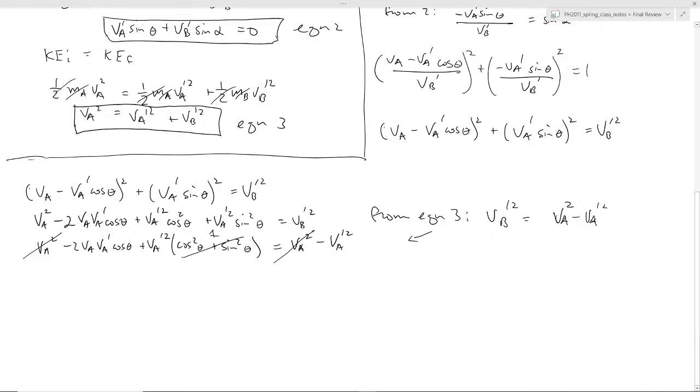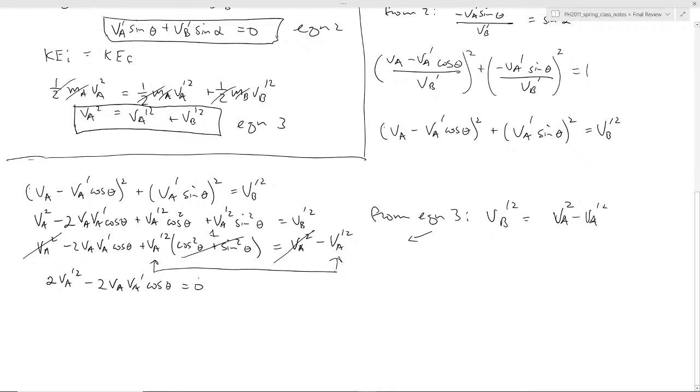So we have, and then notice also we have 2 factors of VA prime squared. So let's put them all on the same side. We have 2 VA prime squared minus 2 VA prime cosine theta equals 0.